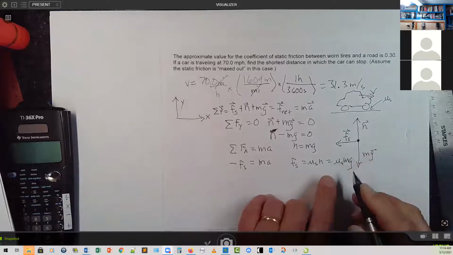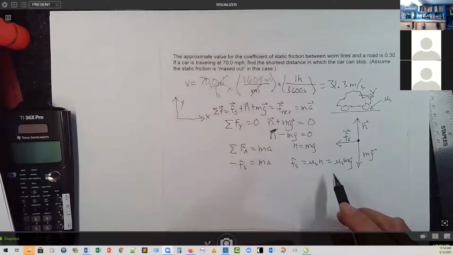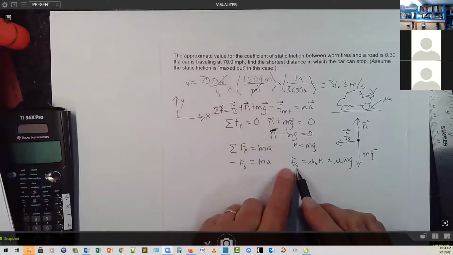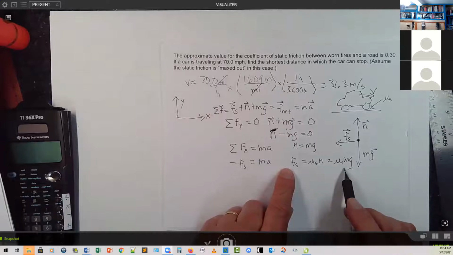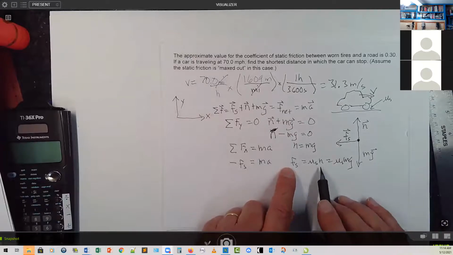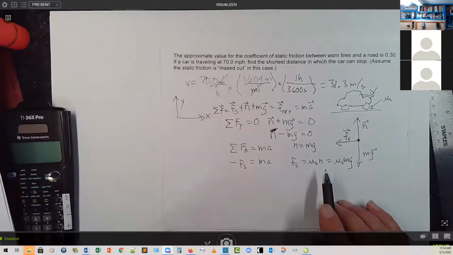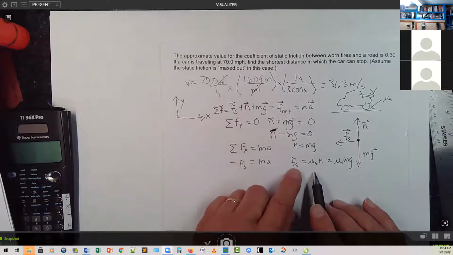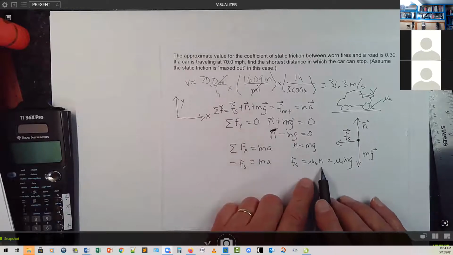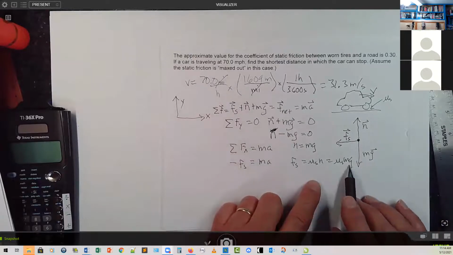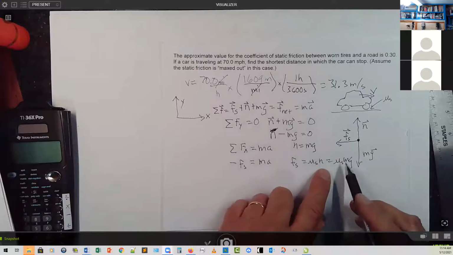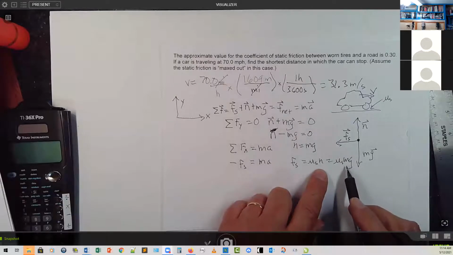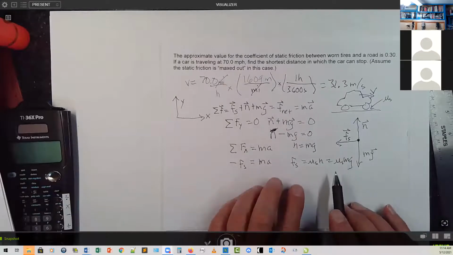So I've got this series of steps that I have to go through to figure out what the static frictional force happens to be. It's not always that nice. If we put this on a tilted, inclined plane, it turns out the normal force is not equal to mg in that case. And that's what we'll do as a first problem tomorrow, probably. But we have that.